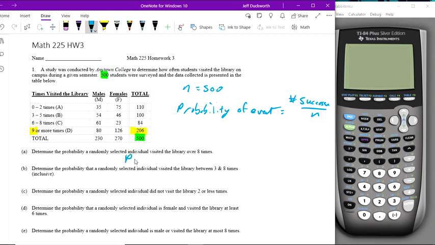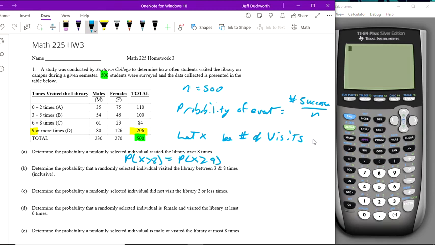And I wrote it like probability that x is greater than 8, which is the same thing as probability that x is greater than or equal to 9, and I'm going to let x be the number of visits. That's what we've got in the problems.